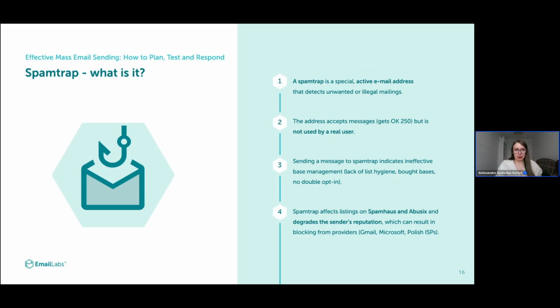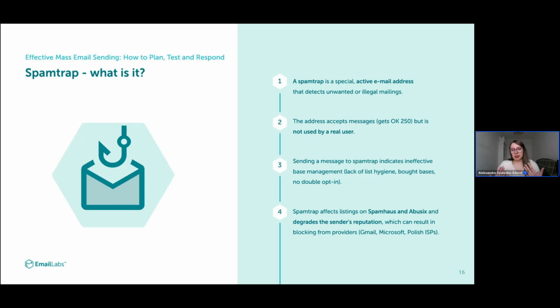And as I said, what is a spam trap? A spam trap is an email address. You have to remember that it is active. So if you send an email to a spam trap address, it is probably going to receive an OK status. Spam traps are email addresses that are owned by, for example, internet service providers, blacklist providers, and some anti-spam organizations.